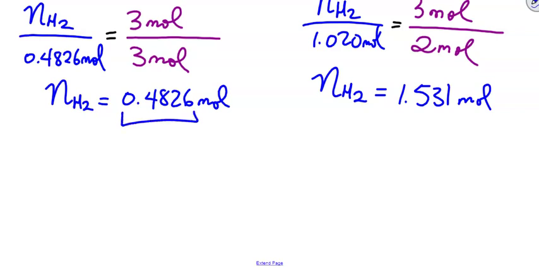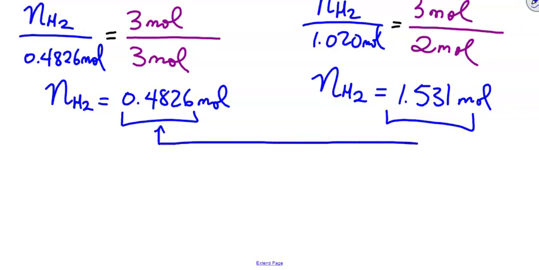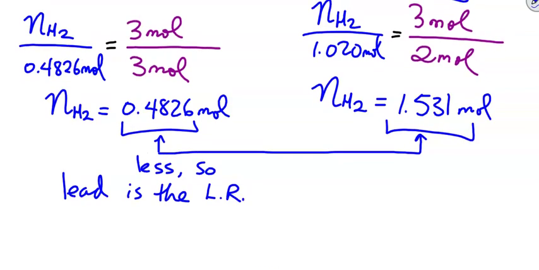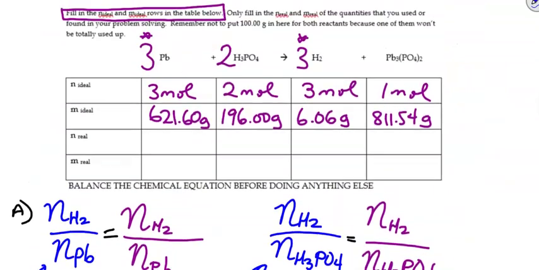Whichever one's less, that'll tell us what reactant is going to run out. So 0.4826 back up here. That means that there's going to be excess phosphoric acid left over as a result.